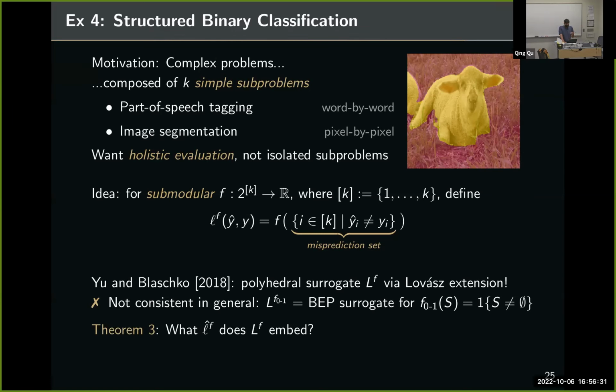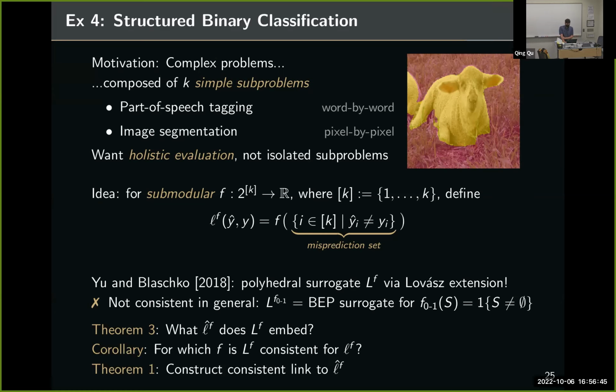Okay, so you can ask, what does this thing embed? For which submodular functions is this consistent for the original problem? Here's one where it's not, but maybe there are others where it is consistent. And it turns out that the problem that it does embed is interesting in its own right. So constructing a link for it is interesting.